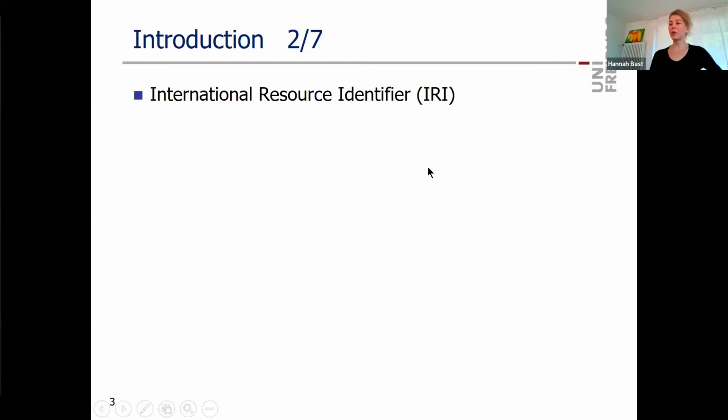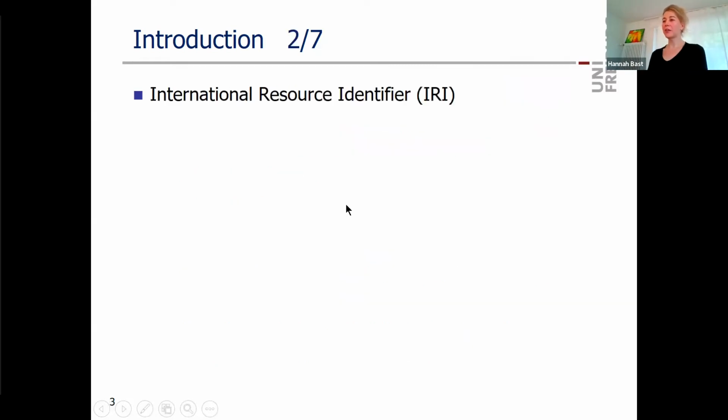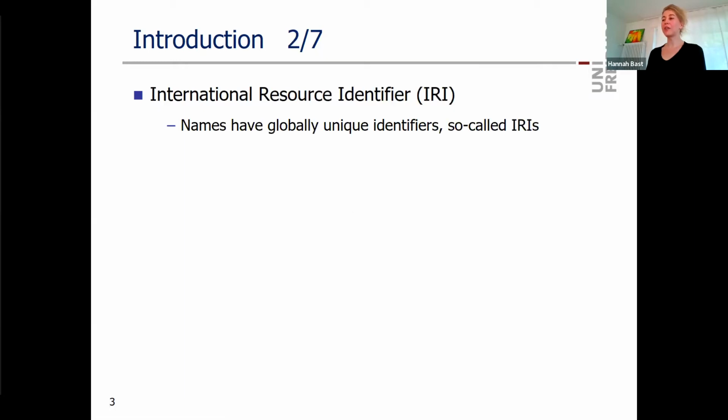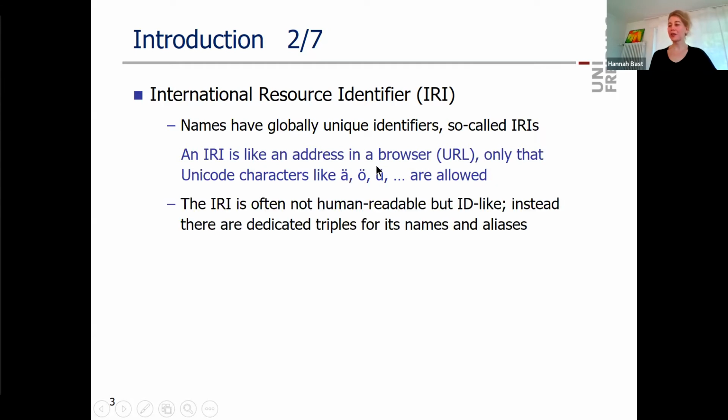These things in angle brackets are called internationalized resource identifiers, IRIs. That's really just a URL as you know it from a browser, except that you also allow funny characters like German umlauts and all the Unicode characters.